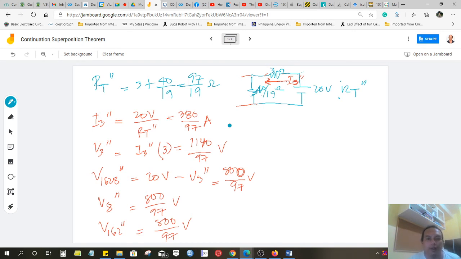Now V8. So naa na kay I8 double prime. So we can get here I8 double prime is equal to V8 double prime over R8. So that is 800 over 97 over 8.